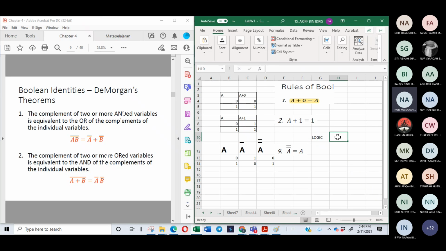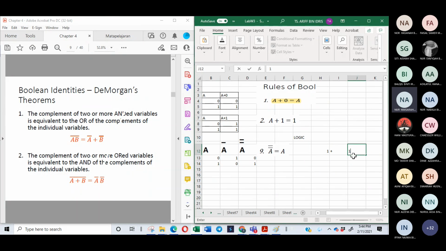Logic is either AND, OR, or NOT. So this plus is not addition. This is an OR, if you are talking about logic gates. It is 1 OR 1.